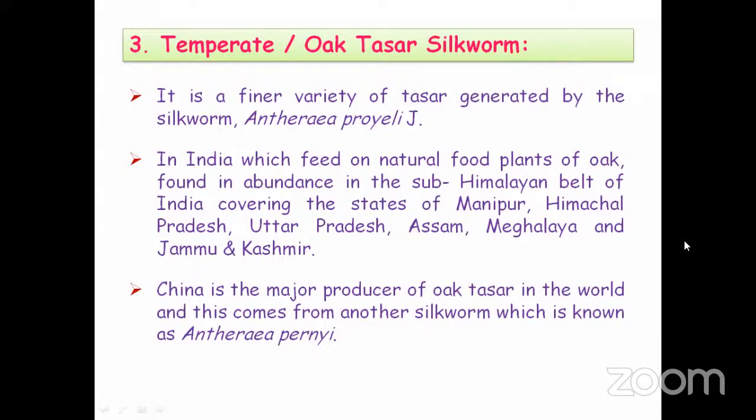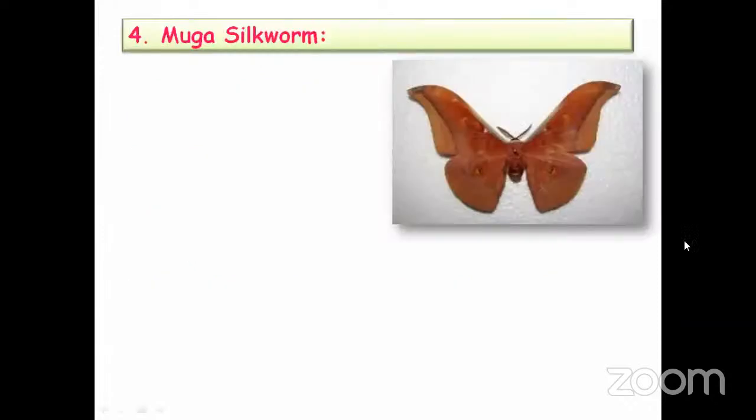China is the major producer of oak tussar in the world, and this comes from another silkworm known as Antheraea pernyi.